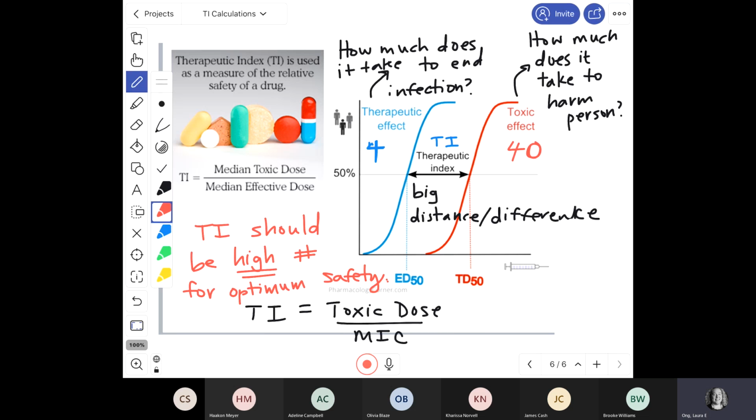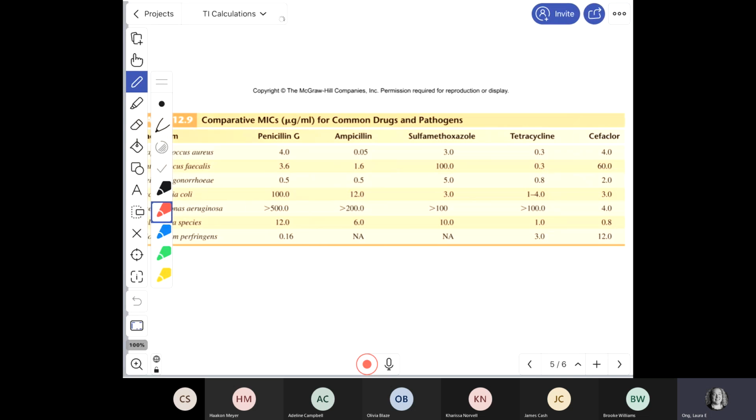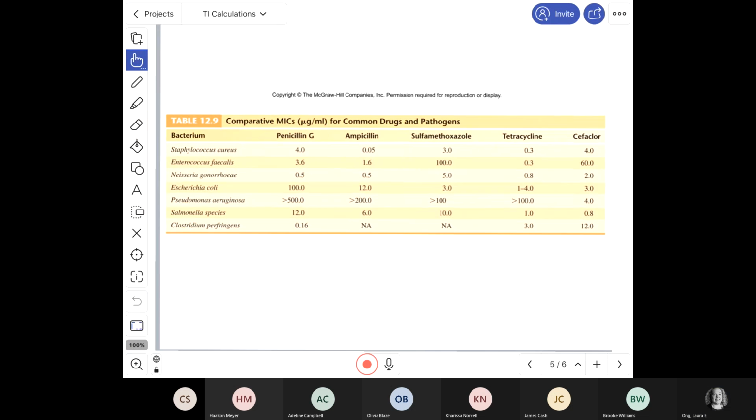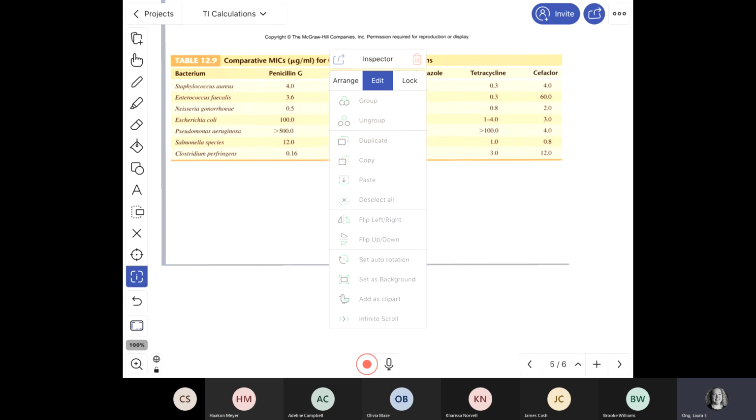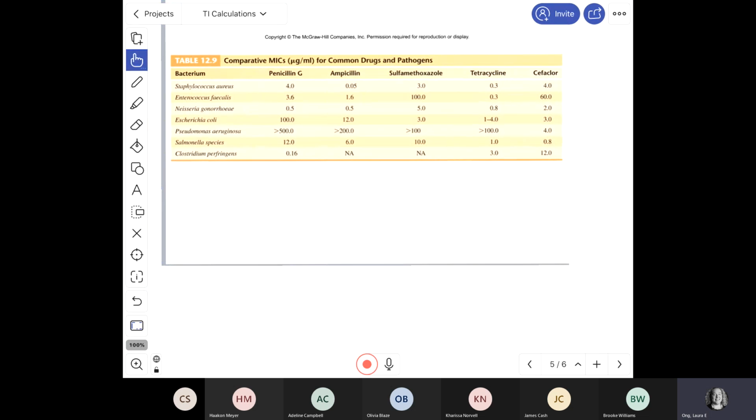So what I want to do next is do some examples of how we calculate therapeutic index using MIC values. And that's what this slide I've been skipping over is for. Normally on a paper test, I would print this whole chart in the test or show it up on the screen.